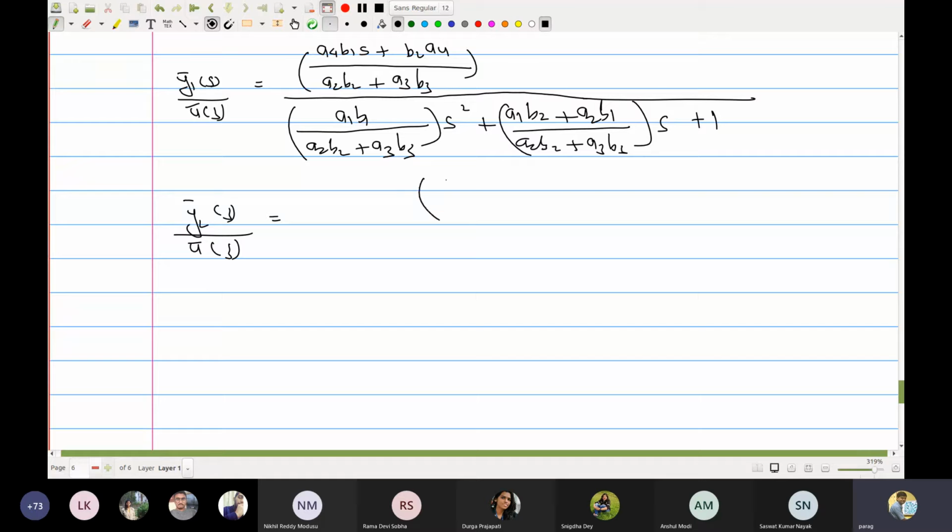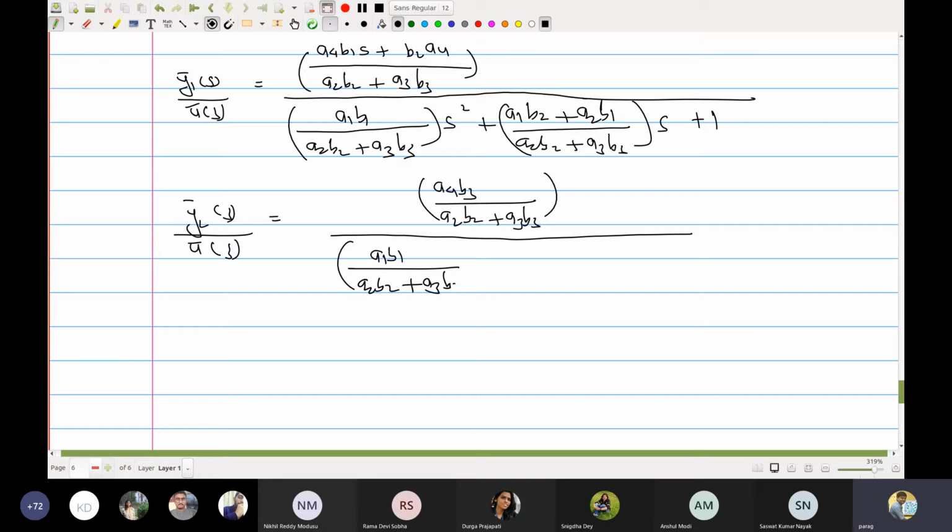This will be equal to a4 b3 upon a2 b2 plus a3 b3, upon a1 b1 upon a2 b2 plus a3 b3 s squared plus a1 b2 plus a2 b1 upon a2 b2 plus a3 b3 s plus 1, right?